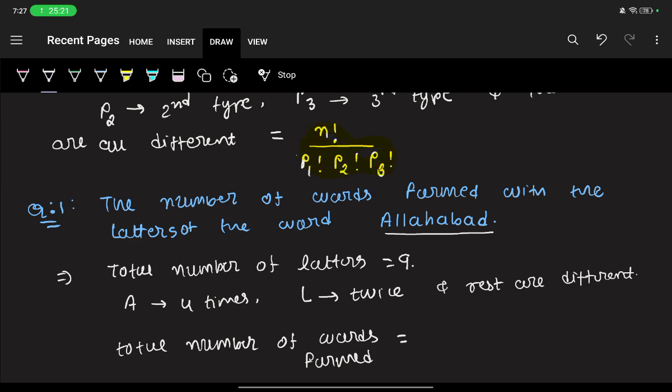Using that here, it would be 9 factorial because number of letters are 9, divided by p1 factorial. That means A occurs 4 times, so 4 factorial. Another letter L occurs 2 times, so 2 factorial. And the rest are different, so just 1 factorial.